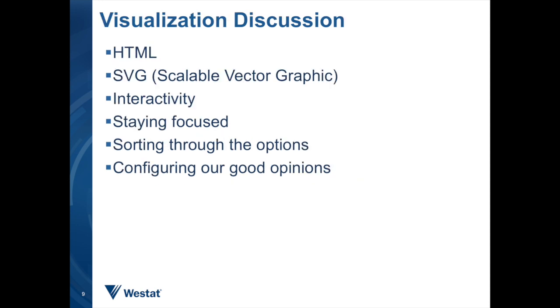Just for a quick visualization discussion, HTML is on, I'm pretty sure pretty soon every device ever is going to have a browser on it, so that'd be nice if any visualization you make can run on anything. It's using SVG, not the tables, they're already scalable, but if you're not familiar with SVG, I probably can't sum it up real quick, but it definitely allows you to change the resolution of your device and the resolution scales.